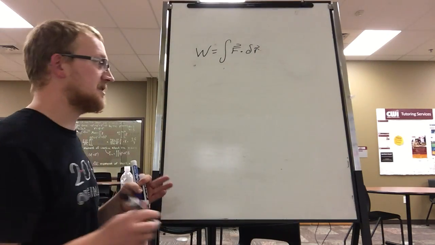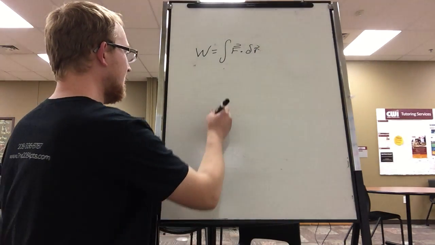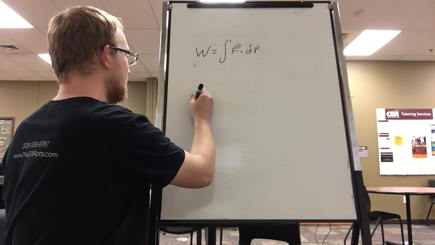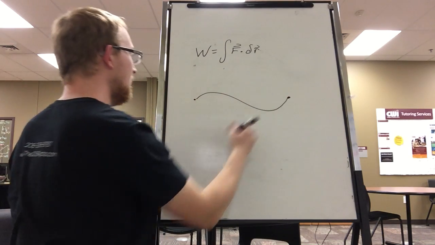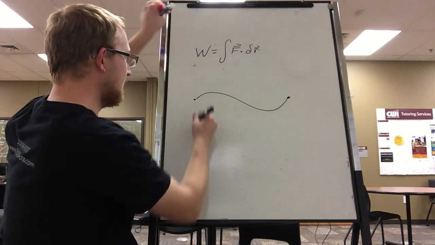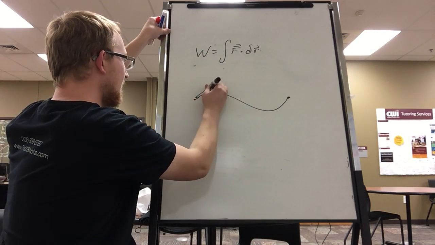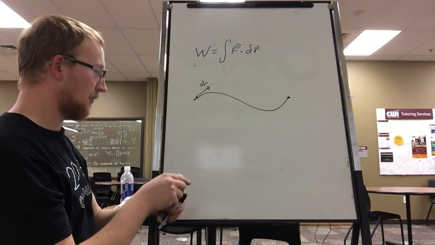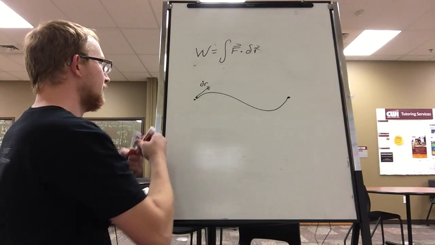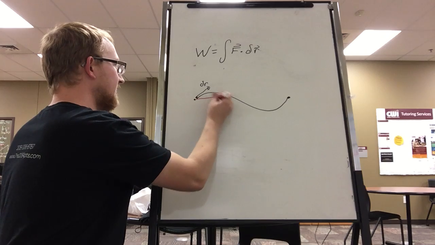And so what this means is that if you imagine you're moving something from, say, here to here, what we're doing is we're looking at every infinitesimal dr, or some radius, and then we're going to look at the force that's being applied at that given point in time.